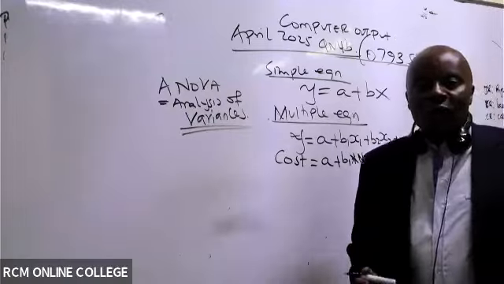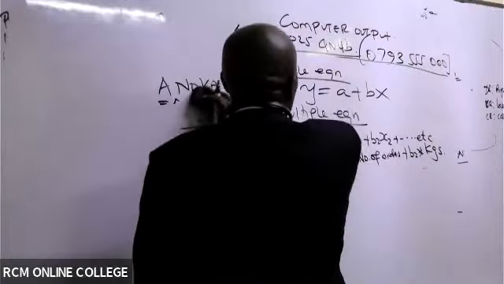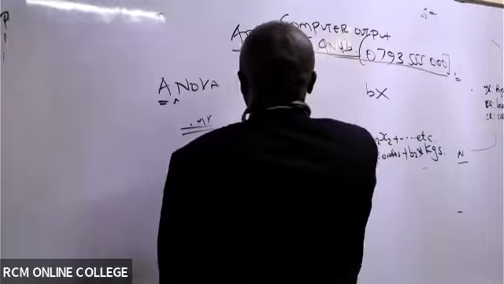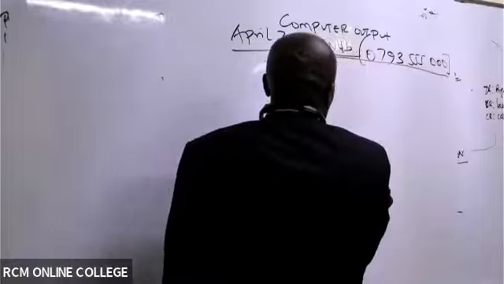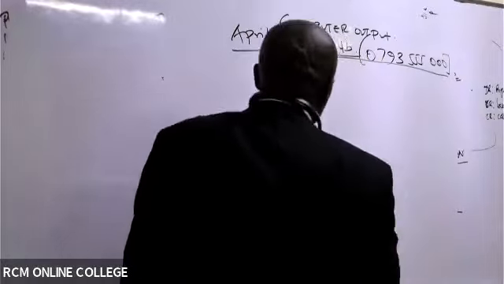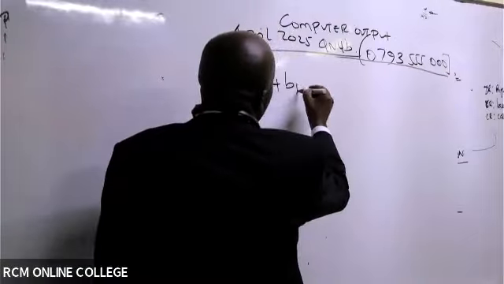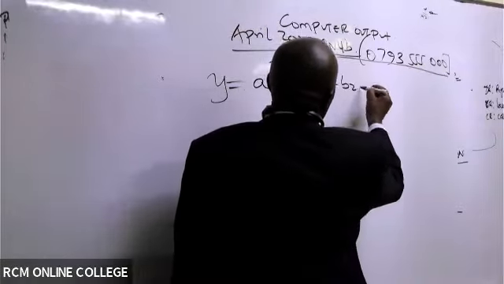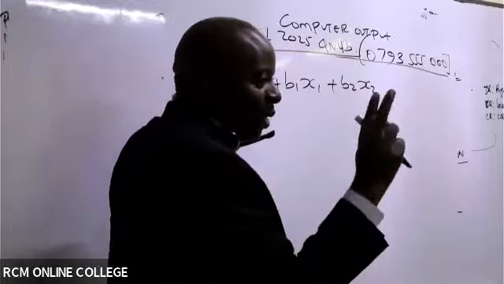So now that all of us have tried it, you have to allow Mwalimu to do it, isn't it? They have told me to write for them a multiple regression equation, isn't it? So we know if it's multiple, it is y equals a plus b1 x1 plus b2 x2. It shall not have the blah, blah, blah, because here we know we have two x's.